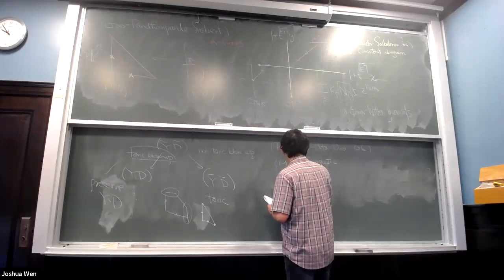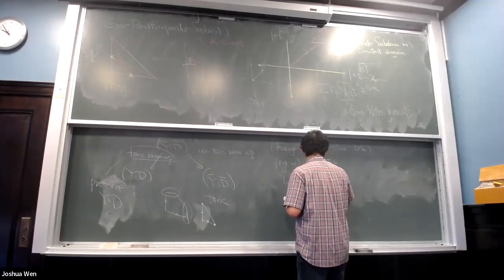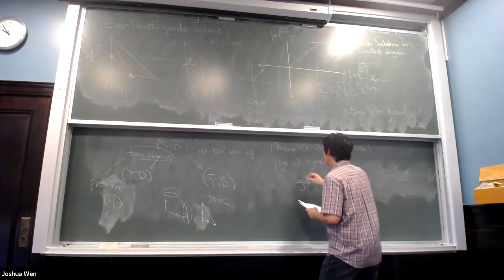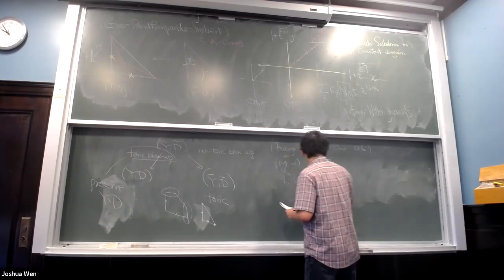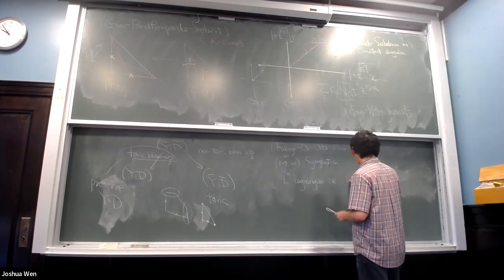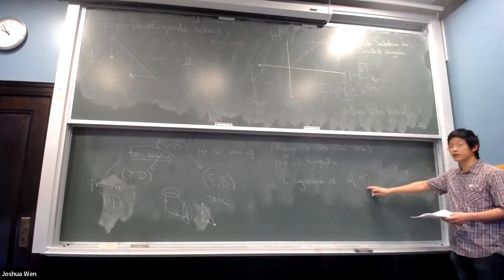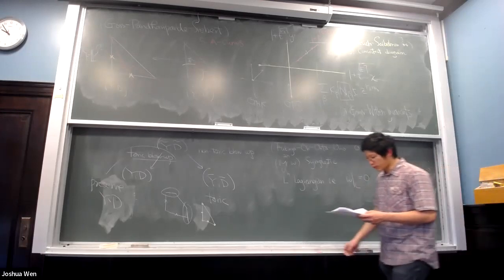I have a Lagrangian. That means that if this is 2n-dimensional, this is n-dimensional, a half-dimensional submanifold such that the symplectic form restricted to it is equal to 0. So that's what we call a Lagrangian.